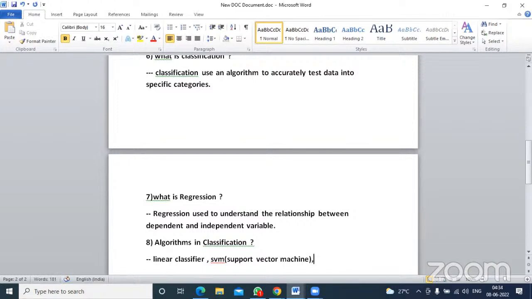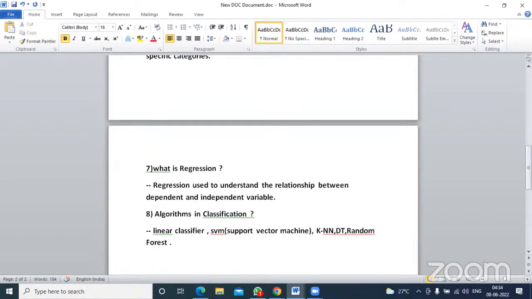Next is KNN, nothing but k nearest neighbor. Decision tree. Random forest. These are the algorithms we are going to use for classification.